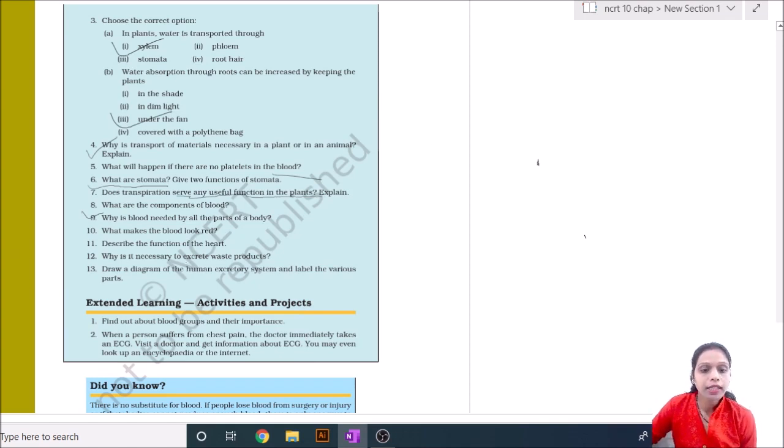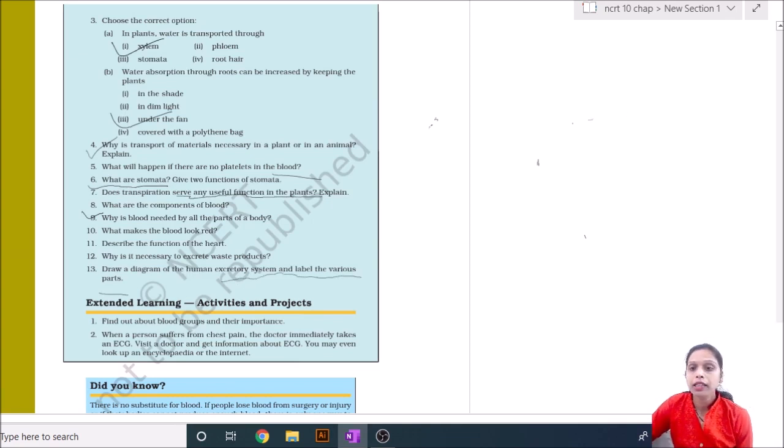Why is it necessary to excrete waste material? Because without the excretory system, our blood would become poisonous, and it would damage our cells also. Draw a diagram of the human excretory system and label the various parts.